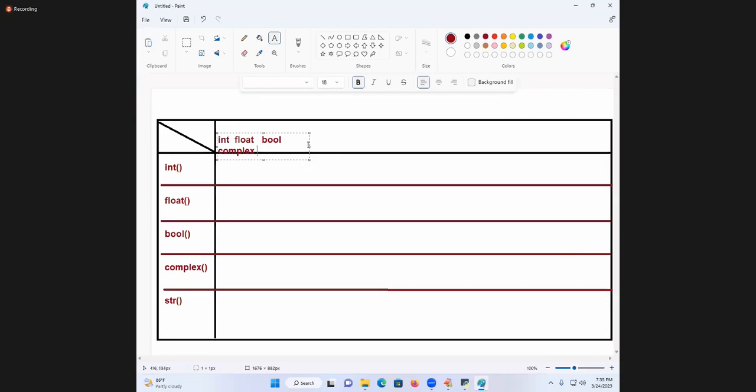Next, str. Okay, str int. Next, str float. Str bool. Then pure str. Okay, now it is good. So I will take it.